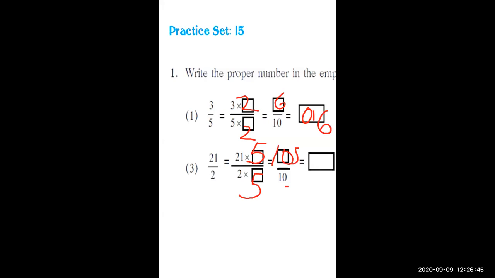Now what will be the main answer? 10 means the point should be given after one number. Very good, Vignesh, Nayak, Ayush. Everyone has given the right answer. That is 10.5. Okay, now we will move to our next question.